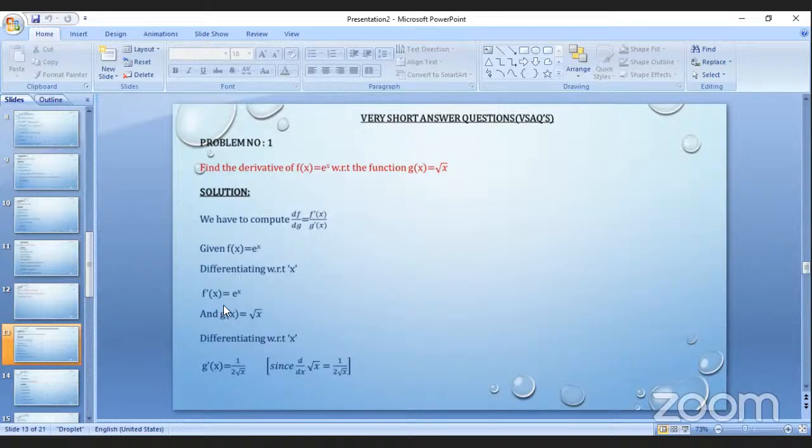Apply the formula here. Root x is written as x power 1 by 2. After applying the formula, we get the root x derivation is 1 by 2 root x.